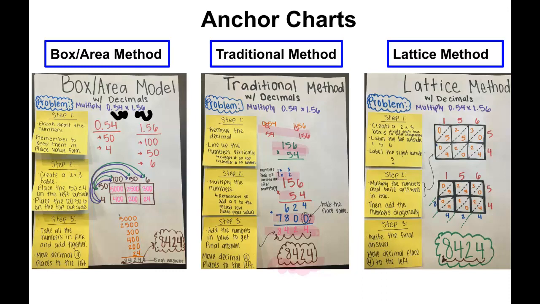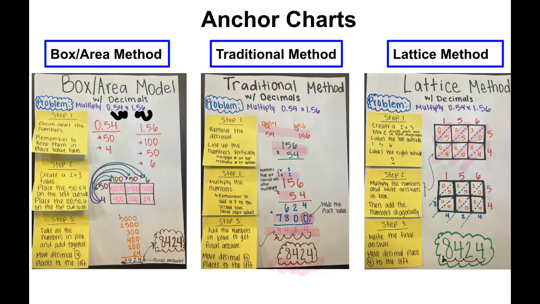Moving to the lattice method with decimals, my problem again was the same. And so I created a 2x3 box, and as you can see here, I divided each box in half diagonally, and I dotted it because lattices are typically slashed or dotted like this.